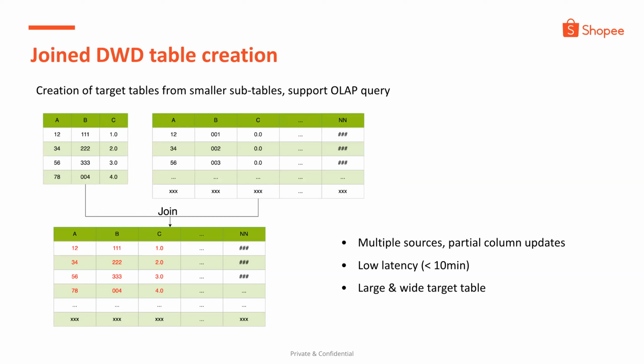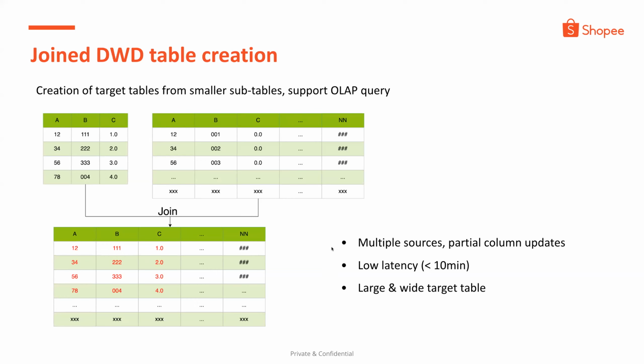The third issue is joint DW table creation. Near real-time DW table creation is a common scenario in data processing. The problem is that with traditional batch processing, the latency is too high.